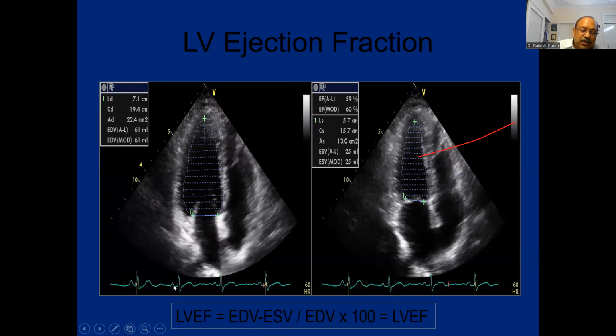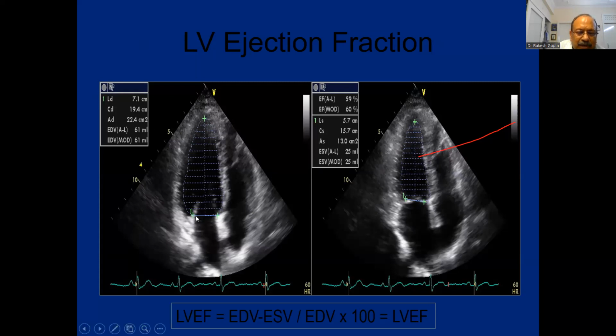Again, we go to the QRS complex. When would be the LV maximum size? LV would be maximum size during end diastole or beginning of systole. So end diastole or beginning of systole is the presence of the cursor at the beginning of the QRS complex.